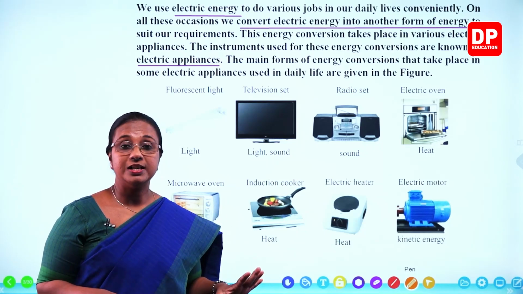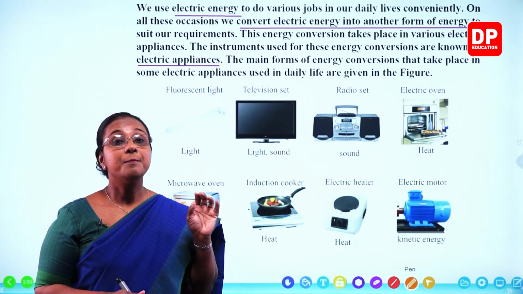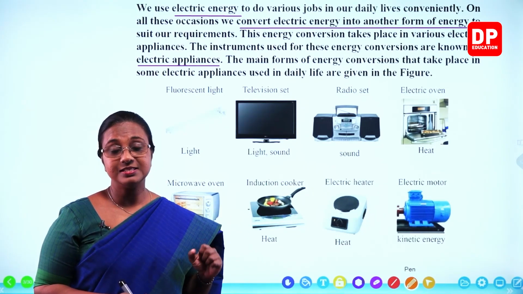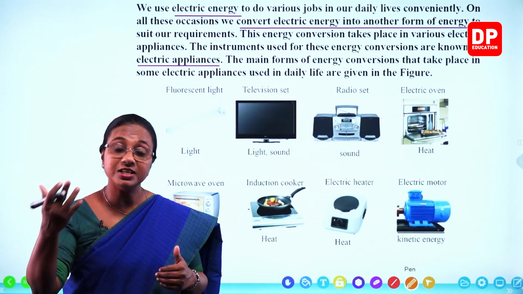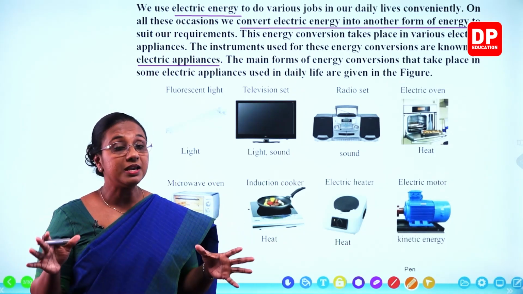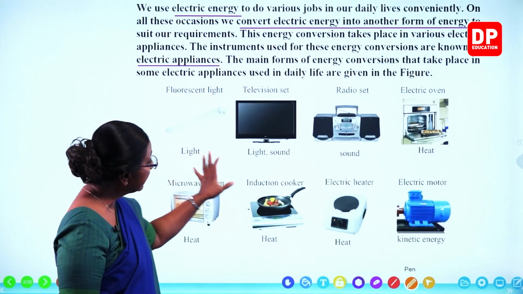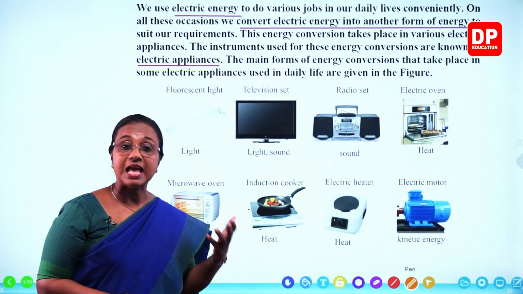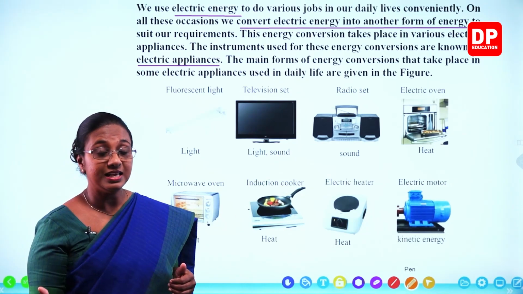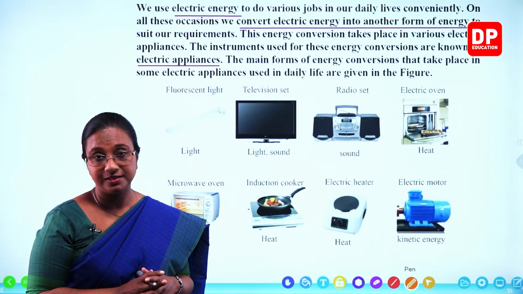So usually when an electric appliance works, because of its resistance, a certain amount of electricity is used against the resistance. Because of that, there is heat produced. So this is the main energy conversion that we expect to happen. But in addition to that, there is heat generated. You just need to keep that in mind.